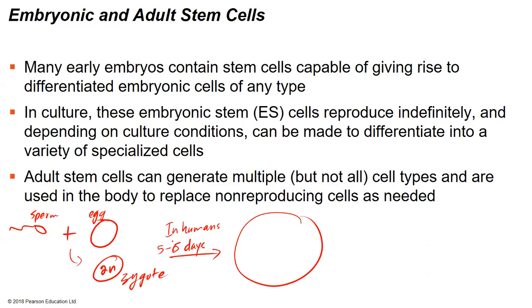Well, actually, it's 5, if I remember correctly, 5 to 10 days. So this stage contains mainly 2 types of cells. We have a layer. So this is an embryo after 5 to 10 days.